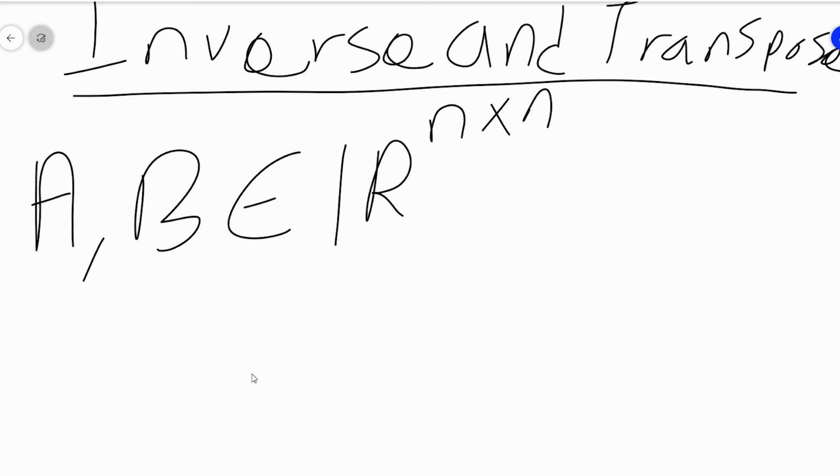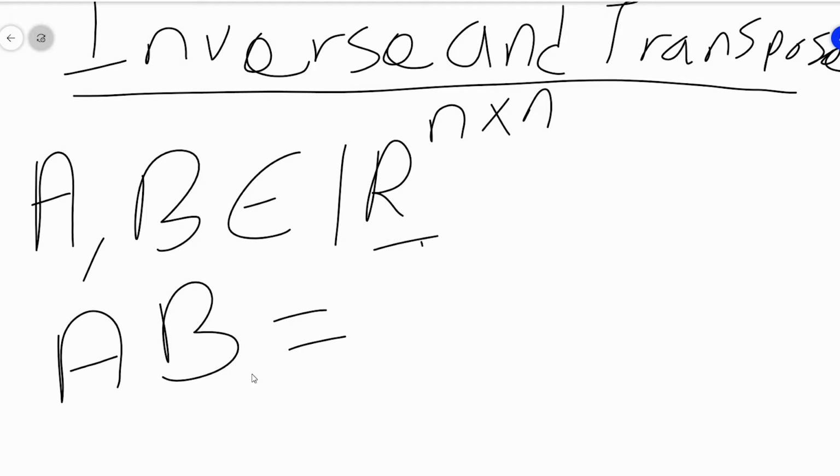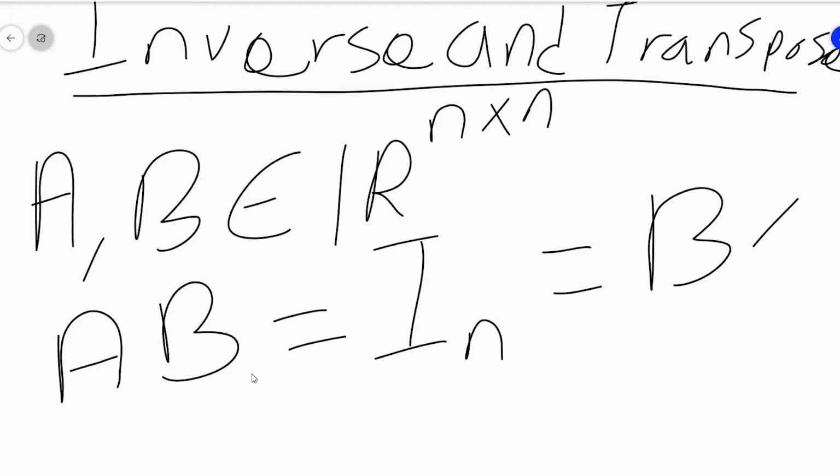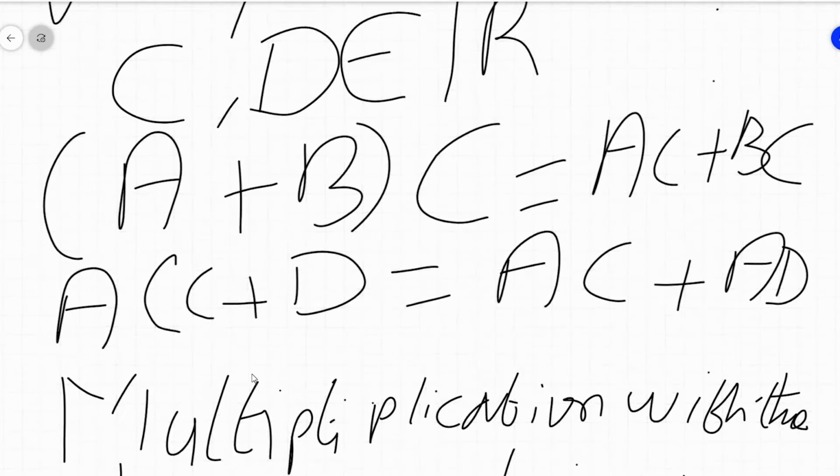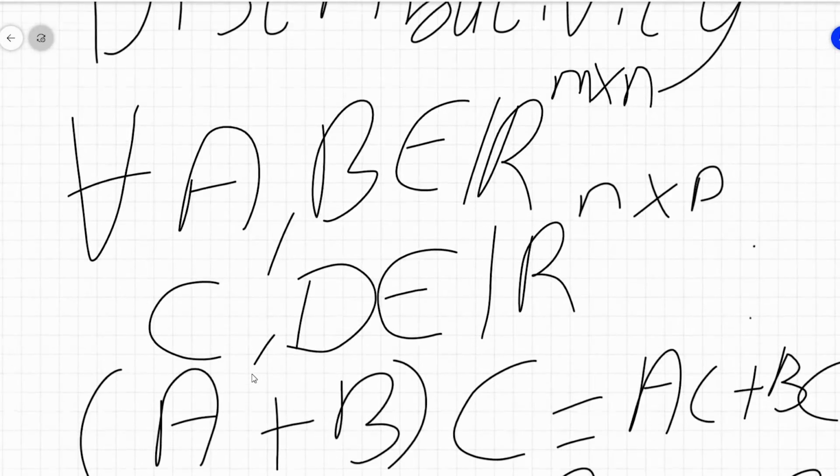And what we mean by an inverse of a matrix is when you have matrix A and B and you multiply them by each other, and you are now getting an identity matrix of same dimension. Remember when we were talking about the properties of matrix, I said something around the associative rule.